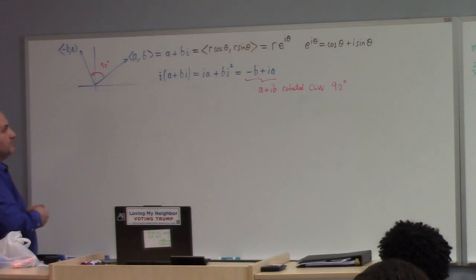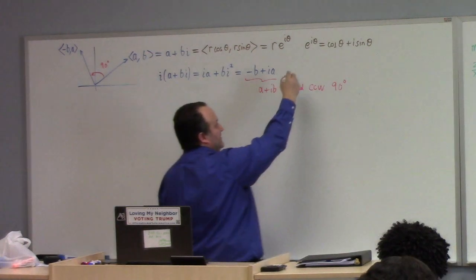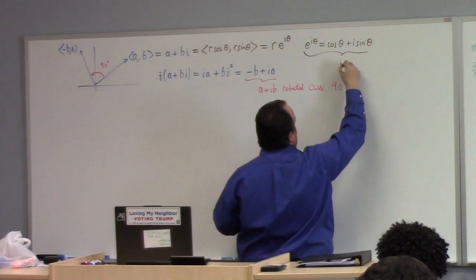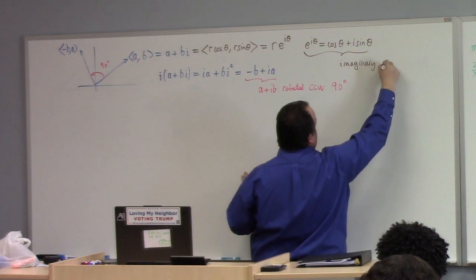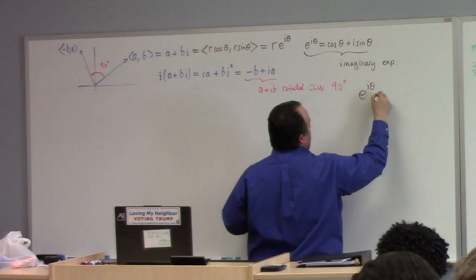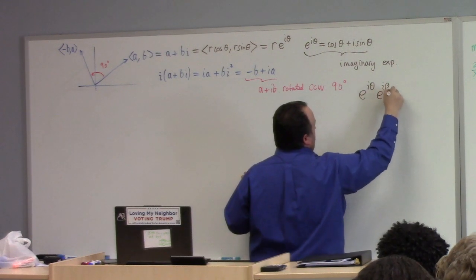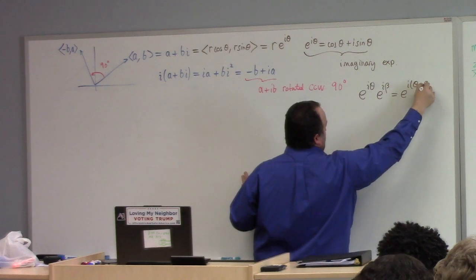Now, it turns out that this is the so-called imaginary exponential, and it has wonderful properties. Chief among them being this: e to the i theta times e to the i beta is equal to e to the i (theta plus beta). I'm not going to prove that here, but you can check.